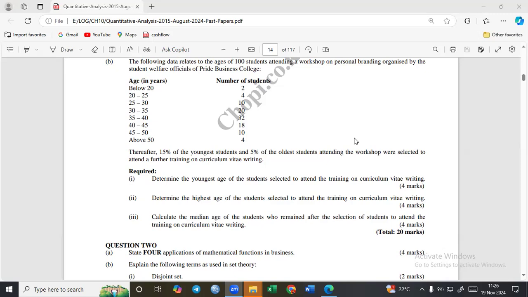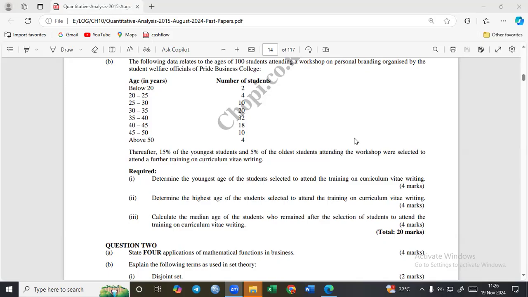The following data relates to ages of 100 students attending a workshop on personal branding organized by the student welfare officials of Pride Business College.